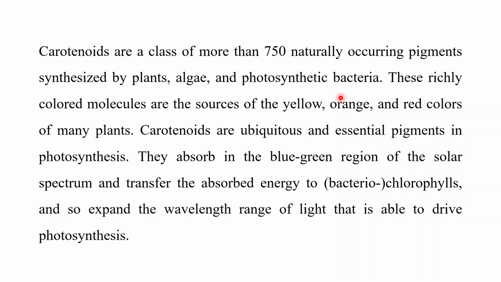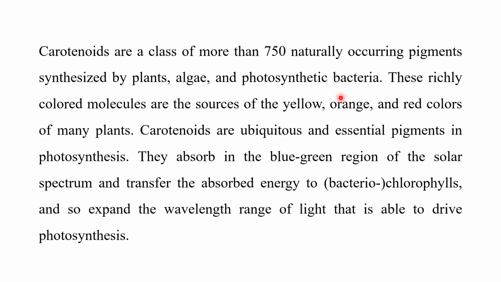So these accessory pigments, what they do, they absorb at different wavelengths of the visible spectrum. So apart from the 400 and 700 nanometer, we have 500, 600, all those nanometers in between in the visible spectrum, right?